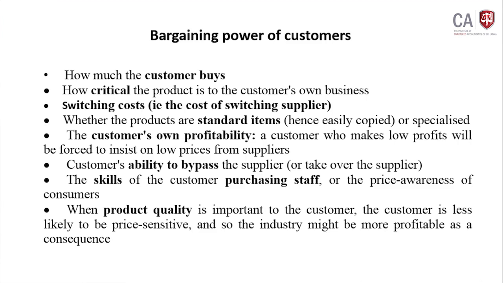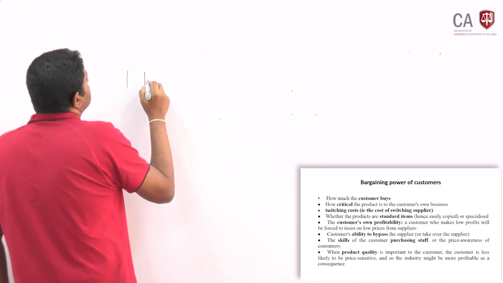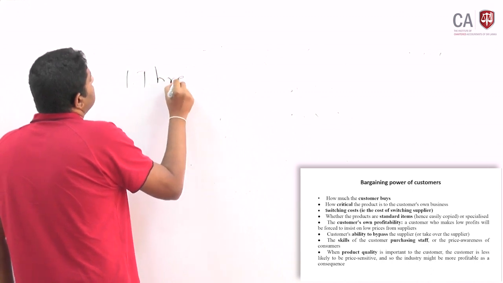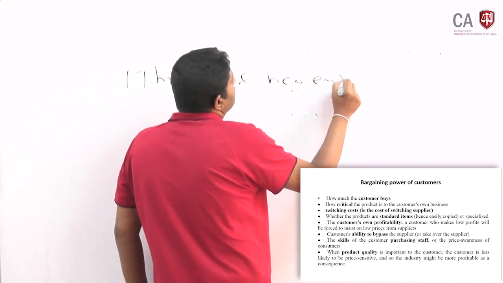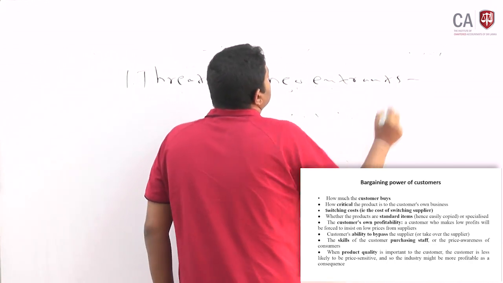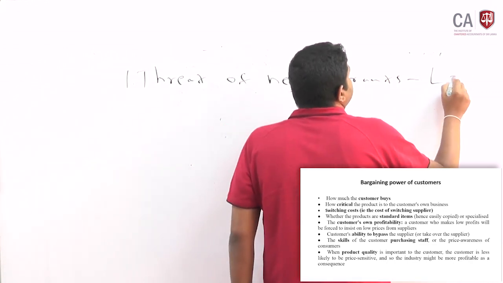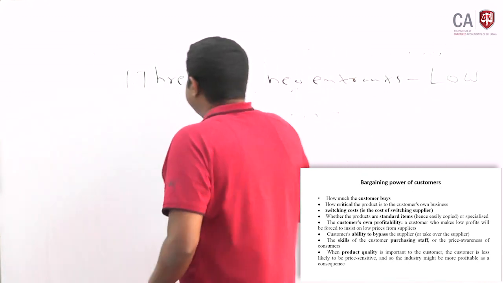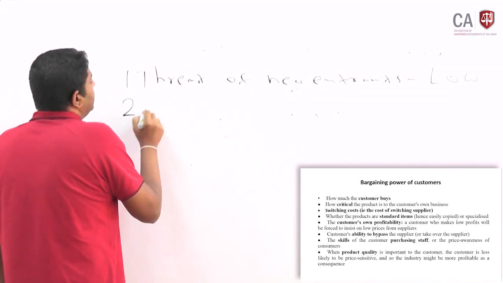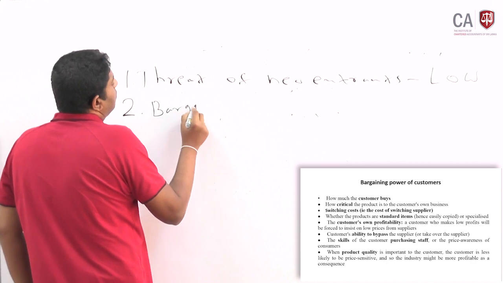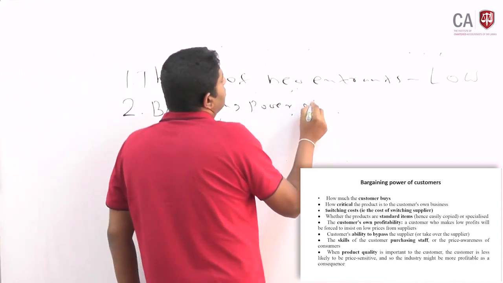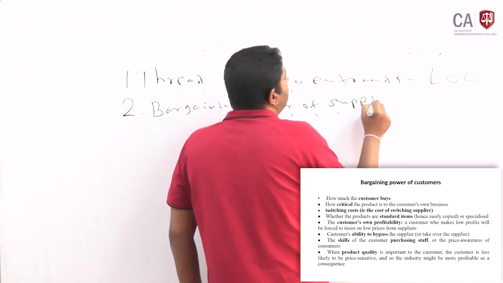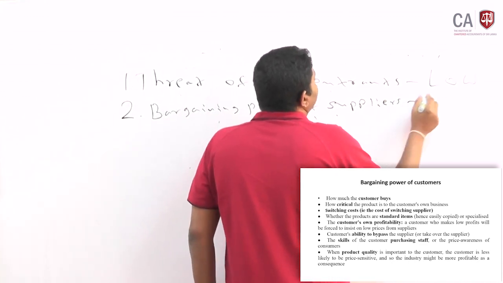Now, in the first one, threat of new entrants, in India we identify it as low. The second one is bargaining power of suppliers, we identify it as low.